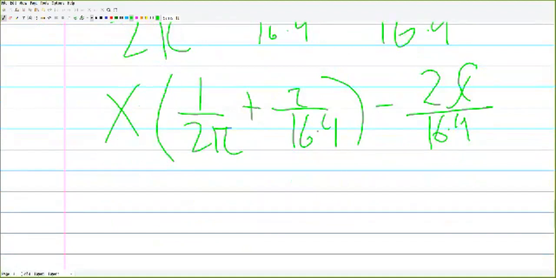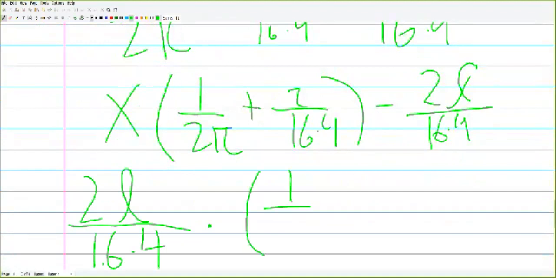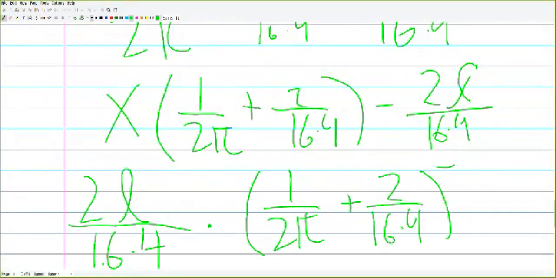Okay, so we take this to the other side. 2L over 16 times 4, multiplied by 1 over 2 pi plus 2 over 16 times 4, to the power of -1, that's equal to x.